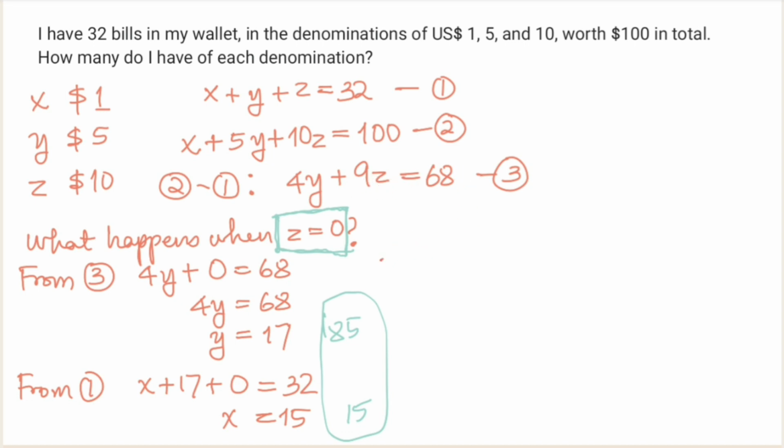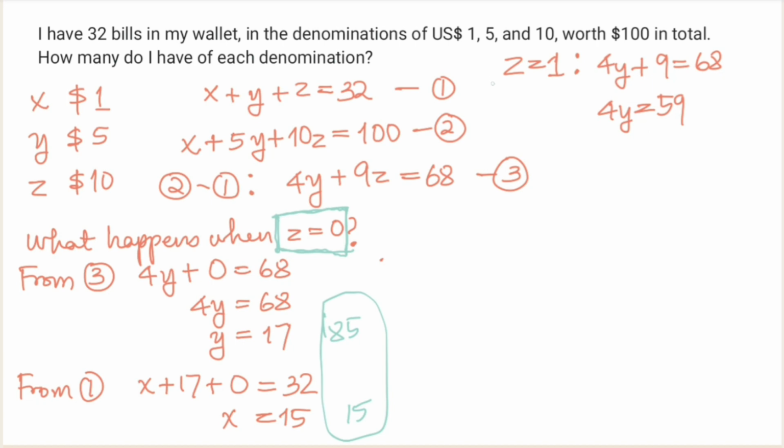We can try again with, let's say, z equals 1. So what happens when z equals 1? Because 4y plus 9z equals 68, we have 4y plus 9 equals 68. That means that 4y equals 59. Now, this is not helpful because we want an integer value for y, and 59 is not a multiple of 4.